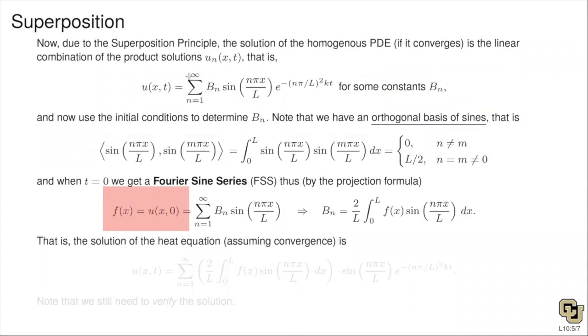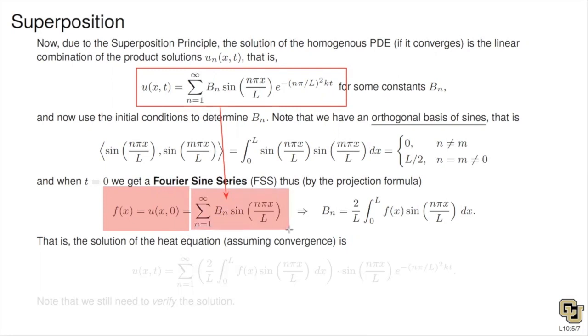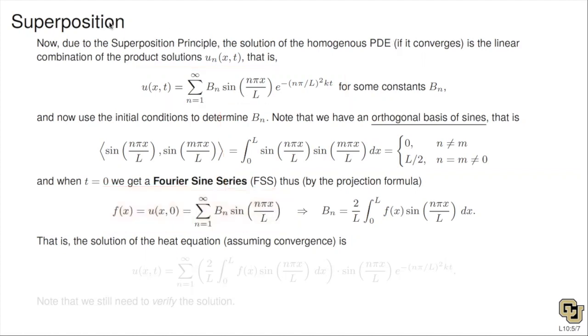When we let t equal 0, this series solution does now look like a bona fide Fourier series. It's not the type we studied on minus L to L; it's the type of Fourier series defined on 0 to L. It's very similar. We'll talk about its properties and behavior in a hot minute.